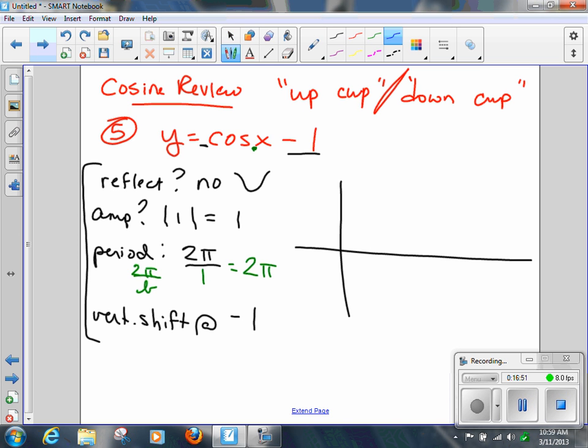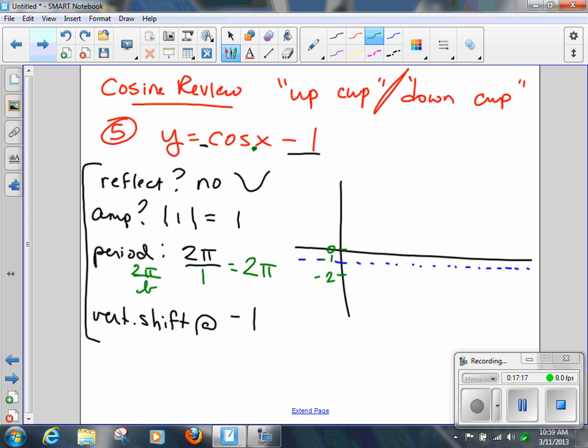So, what's the thing that I have to draw first? Oscillation line. Here we go. Oscillation line is at -1. There it is. So I've got -1, -2, 0. Do I need to go any higher, any lower than that?